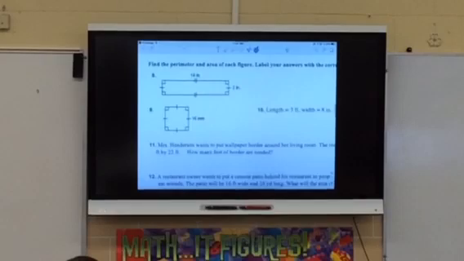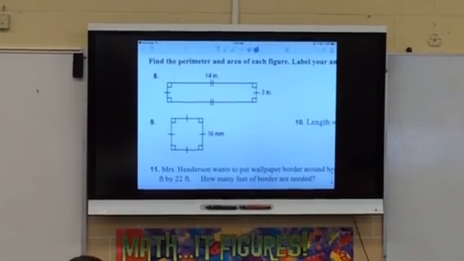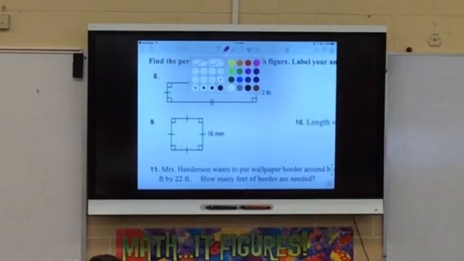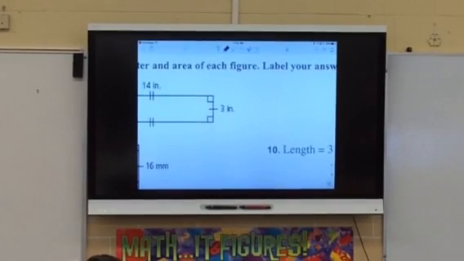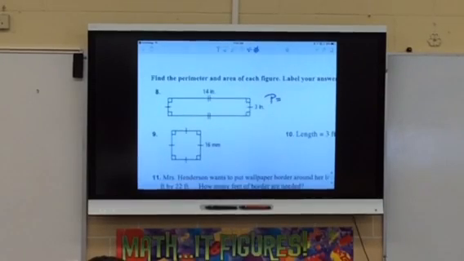Okay, perimeter and area. Pretend you're going back to like 4th grade. Perimeter and area for that rectangle. Ryan Carter, perimeter. What is it? How do you find it? It's a rectangle. Yeah. Number 8.